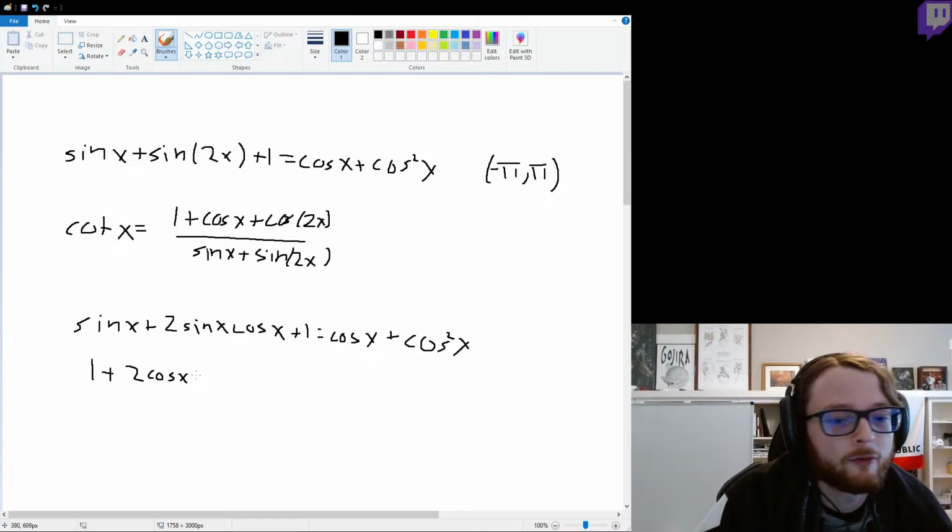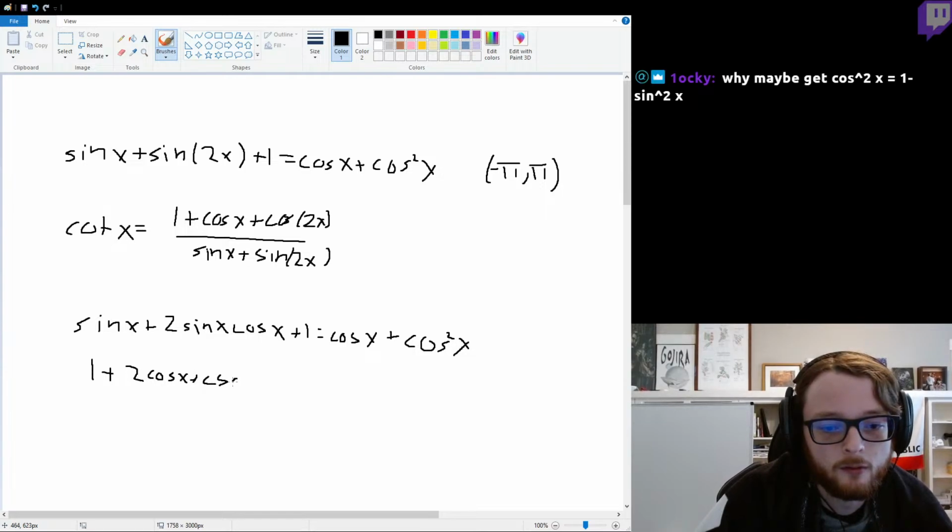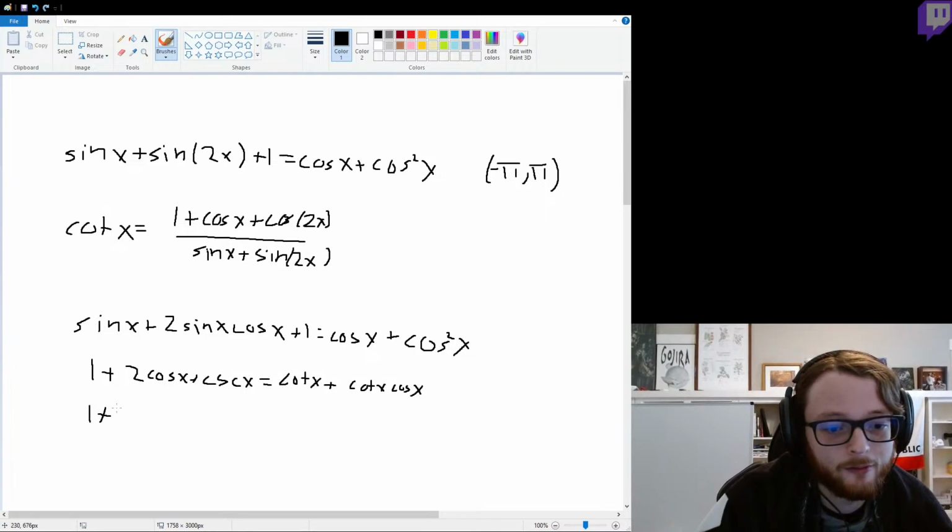One over sine, that's cosecant. Cosine x. Now, do we want to use this identity here? That was my thinking with something like this as the purpose for dividing by sine.